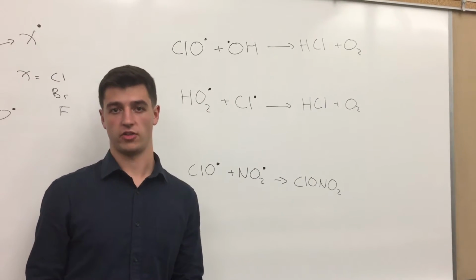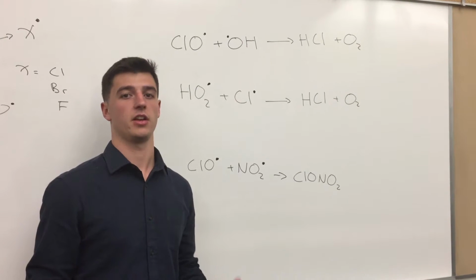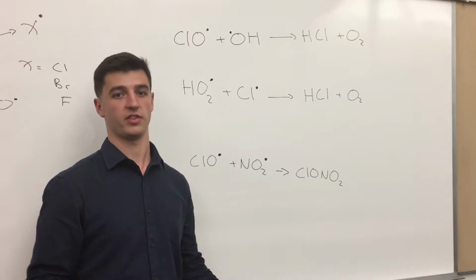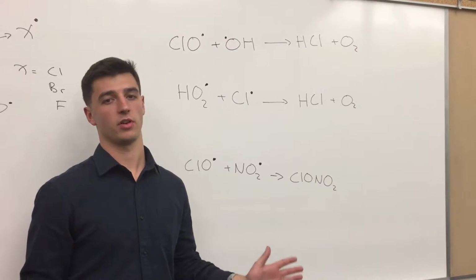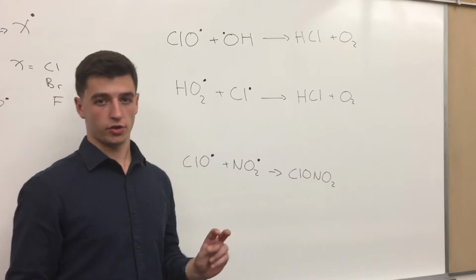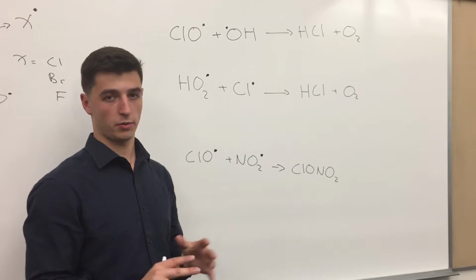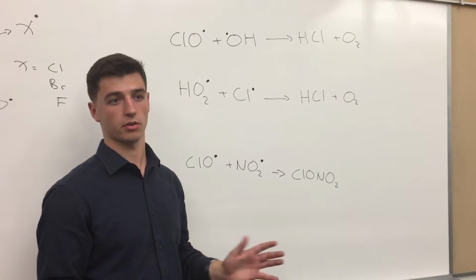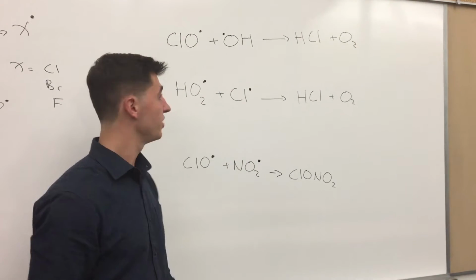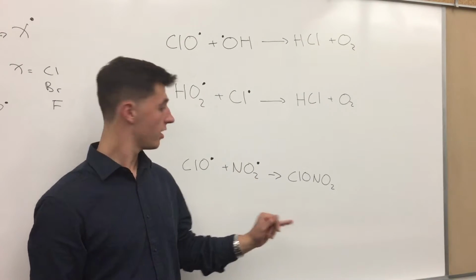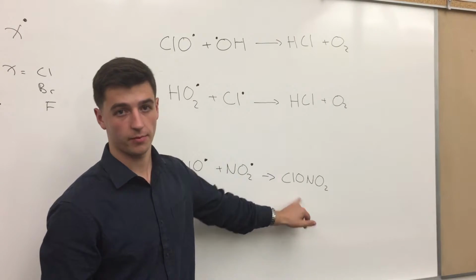So as I mentioned, chlorine radicals can exist in the atmosphere for long periods of time. So how does the atmosphere deal with them? There are 2 major sinks that chlorine radicals or chlorine molecules go to, and these 2 sinks are hydrochloric acid and chlorine nitrate.